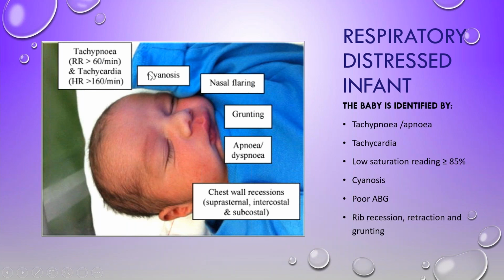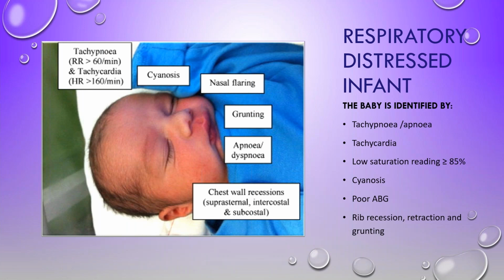You may see cyanosis. You will see nasal flaring. You'll hear this grunting. Very often the older nurses and doctors refer to it as pushing PEEP. We will see apnea or dyspnea. Dyspnea is when they start using accessory muscles, and as it says here, chest wall recessions: suprasternal, intercostal, and subcostal.